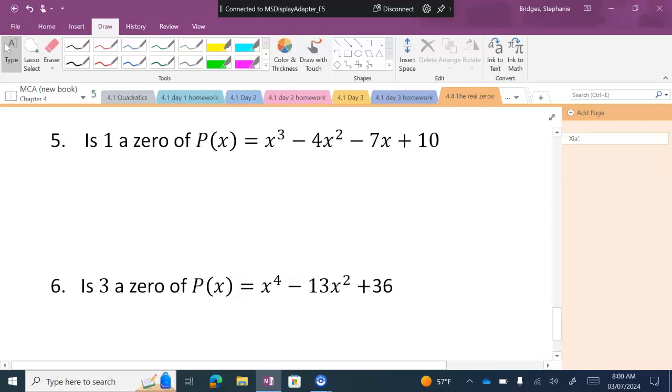Again, your answer is either yes or no. If your remainder is the numerical value of 0, then the answer is yes.